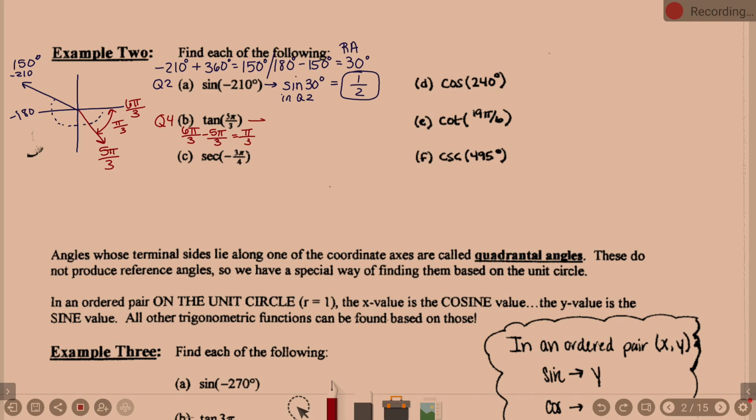So what is the tangent of pi over 3 in quadrant 4? The tangent of pi over 3 is square root of 3. What do we know about tangent here? It's negative. So this is negative square root of 3. We'll practice these more tomorrow, okay?